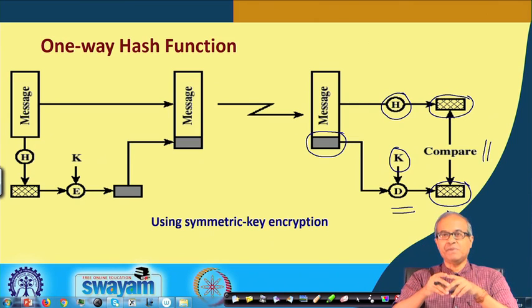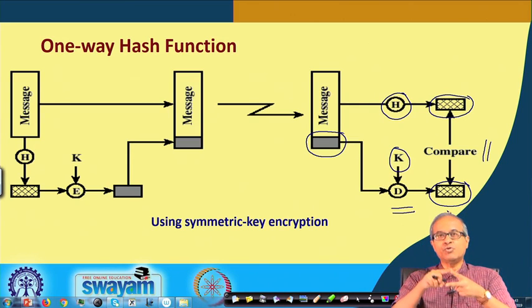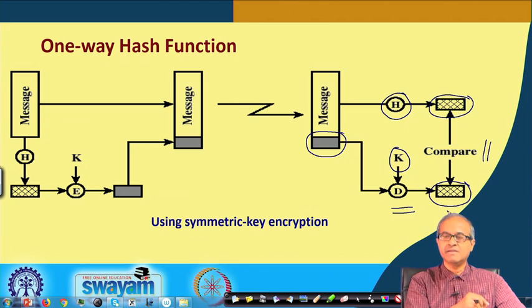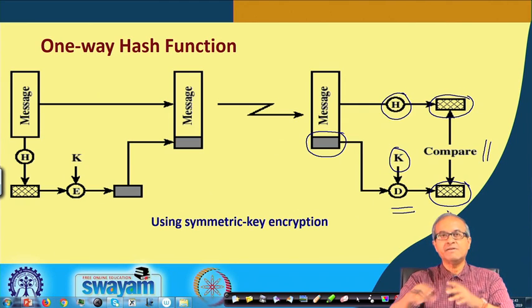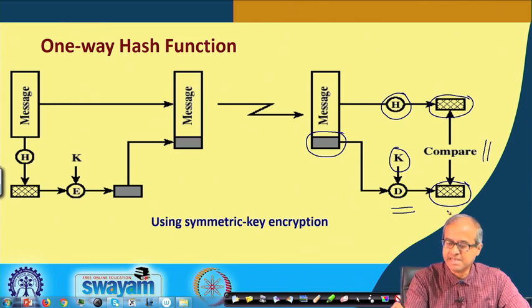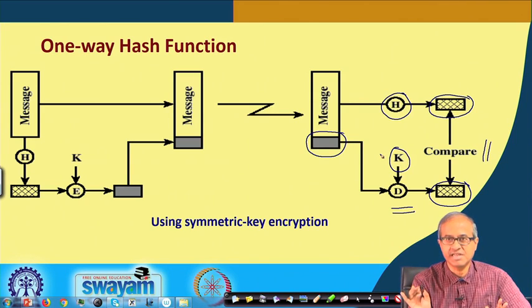Well, if these two are matching, we get two things together. One is of course, we can identify the sender because only the secret key k was shared with the sender. So, because we are able to verify, it must be the case that the same value of k was used. So, the sender has been authenticated.